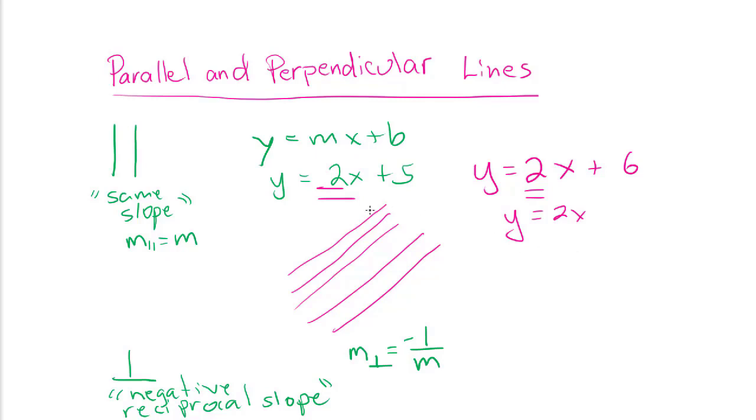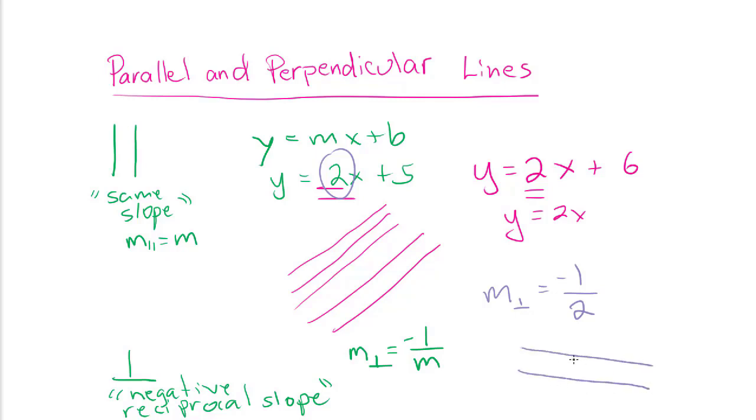y equals 2x plus 5. Let's start there again. What is a perpendicular line to that line? That would have a slope of m perpendicular equals -1 over the slope of the line, which is 2, so -1/2. And that line would be essentially something like that.